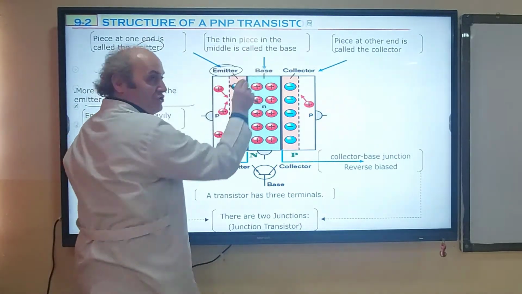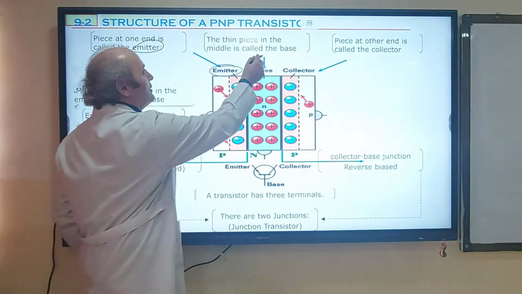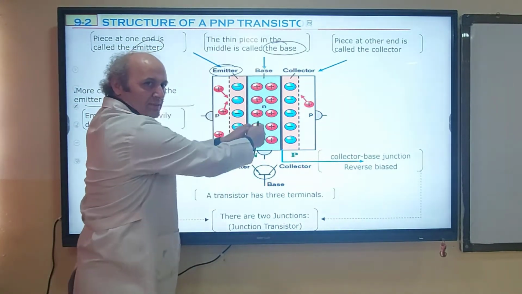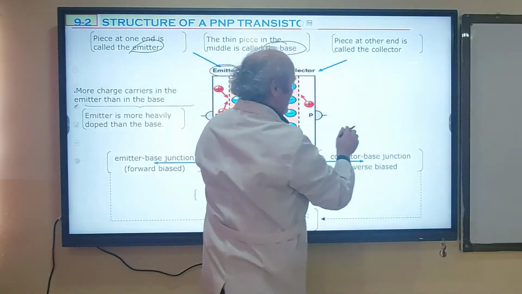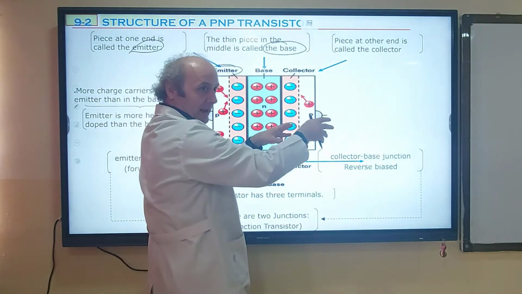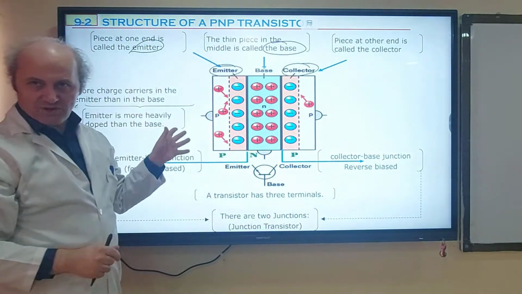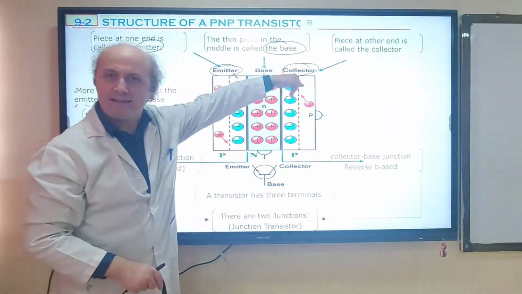The thin piece in the middle, which is N-type, is called the base. This is the base. The thin piece is the base. And the piece on the other end, on the right, which is P-type again, is called the collector. This is a transistor: emitter, base, collector.